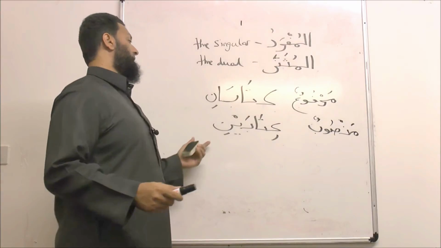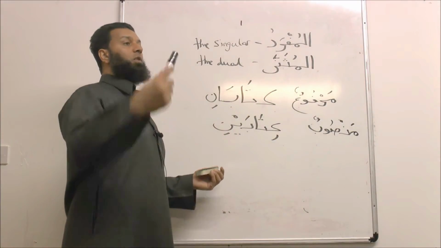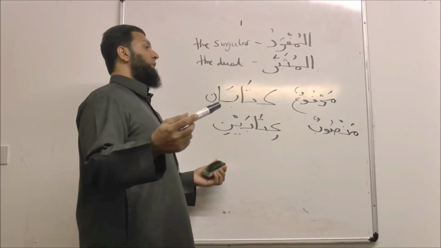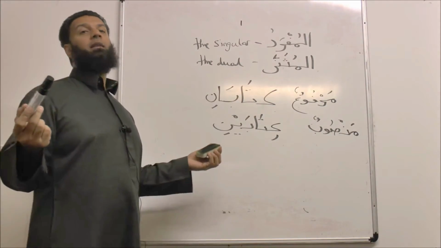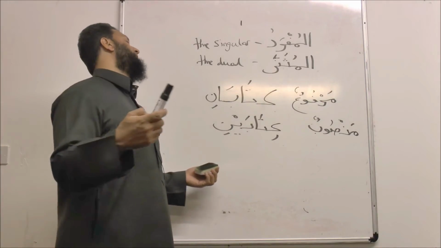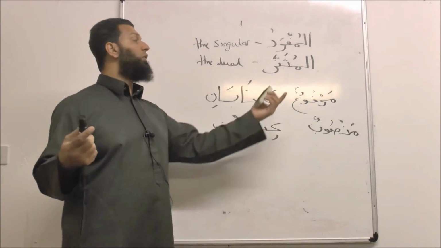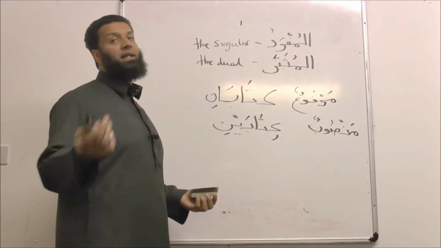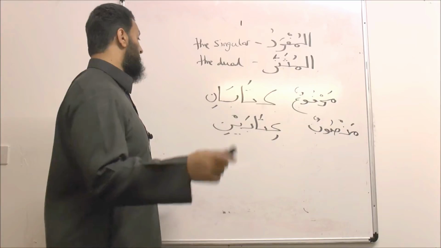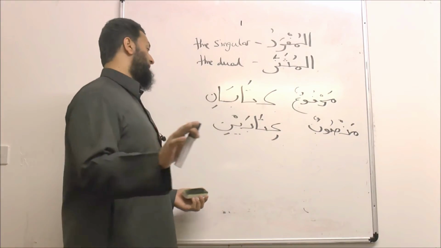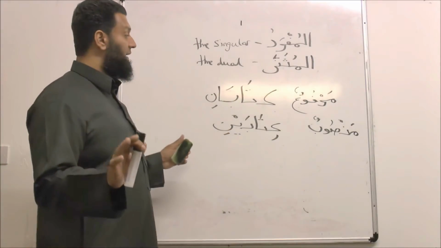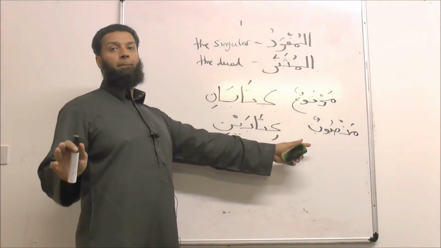Right. So, to say two pens we say قلمين qalamaini. To say two doors we say بابين babaini. Two cars is سيارتين sayyarataini. Two walls jidaraini. What's the noon then at the end? We'll come to that in a moment. Right? Kitabaini is the mansubun state.